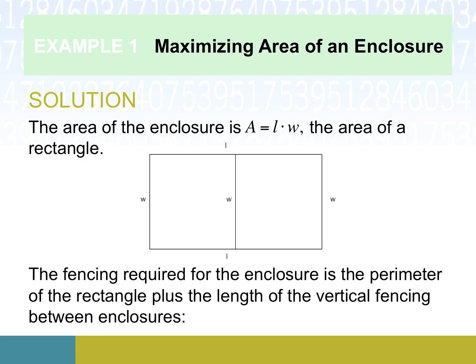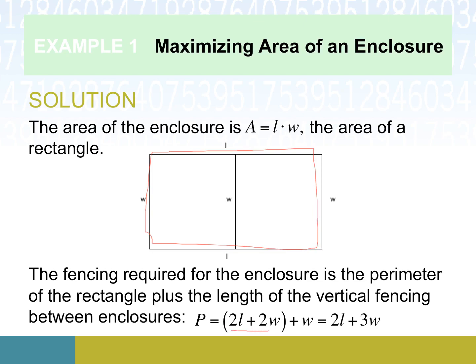So remember that we were told the total amount of fencing that was available. So the fencing required is this whole perimeter, the distance around the outer edge of the rectangle, plus this fencing that separates the two enclosures. So it's not quite just 2L plus 2W. The rectangle itself would be the distance all the way around. That's our typical 2L plus 2W.